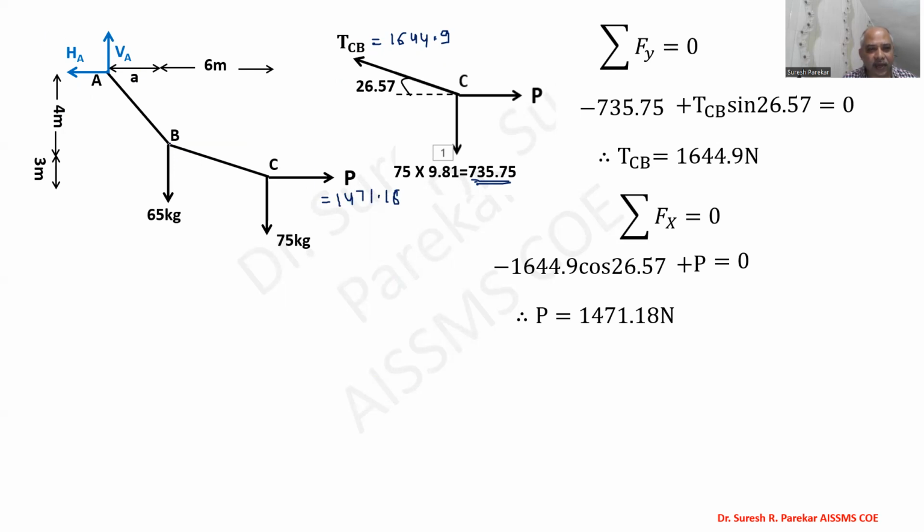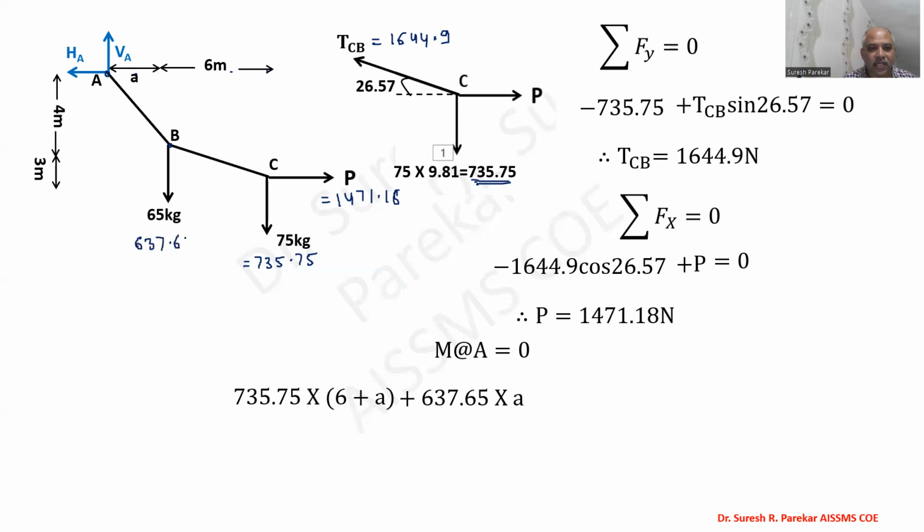Now we have to find the value of A. Then you can consider joint B, or you can take moment about A equals 0. I prefer moment about A. So we have 735.75, which is the value over here, into this distance, 6 plus A. Then plus 637.65 into A, minus 1471.18 into 7.